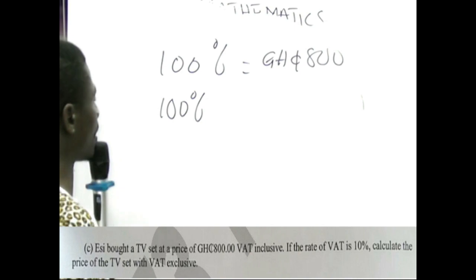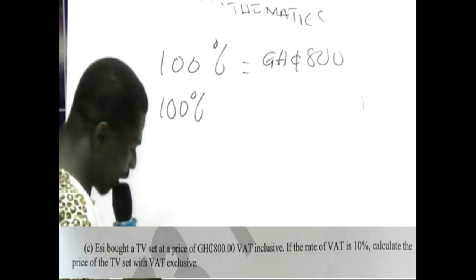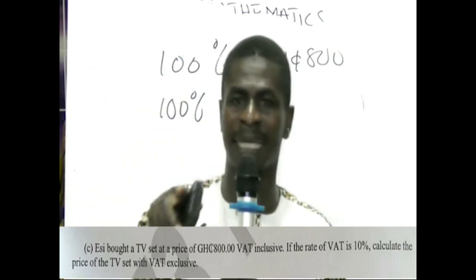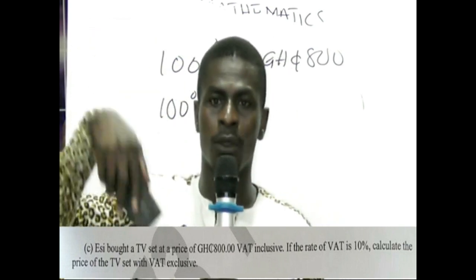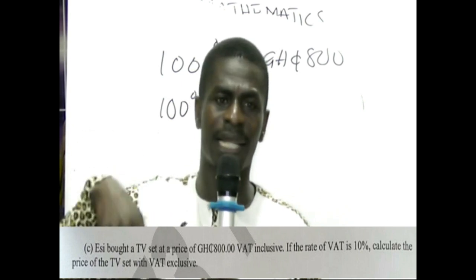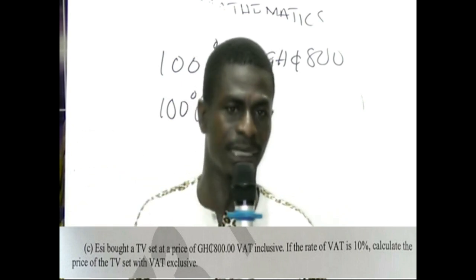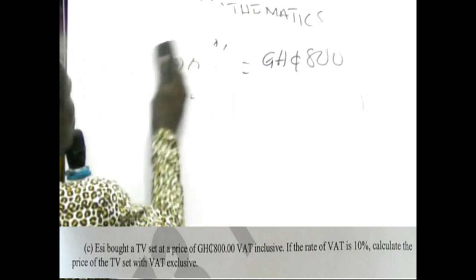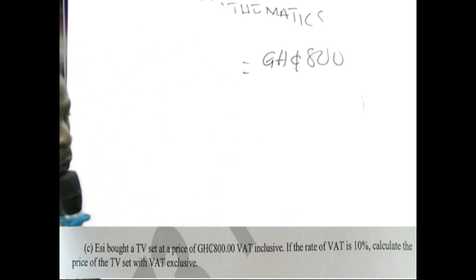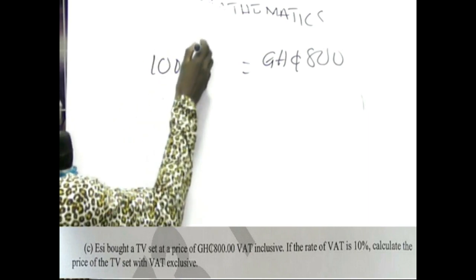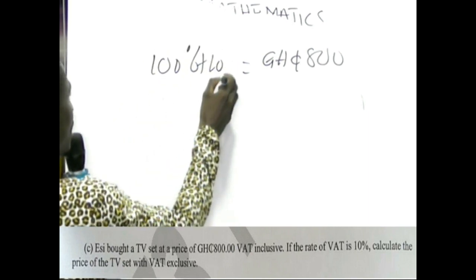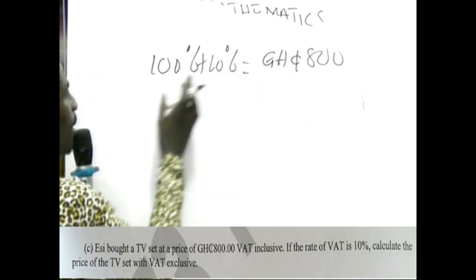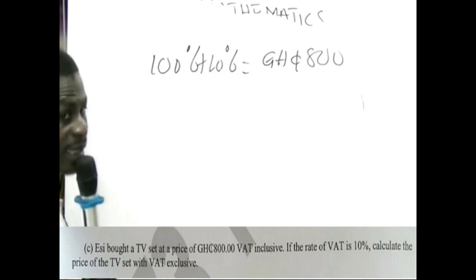Please, the 800 Ghana cedis is rather the VAT inclusive, and the VAT is 10%. So the 800 Ghana cedis is going to be the 100% plus your 10%, which is the VAT inclusive. So this 800 cedis is 100% plus the 10%.